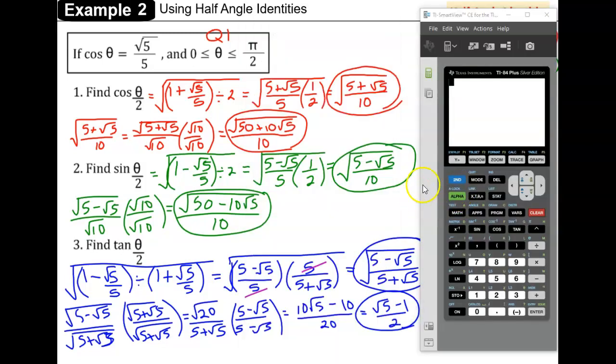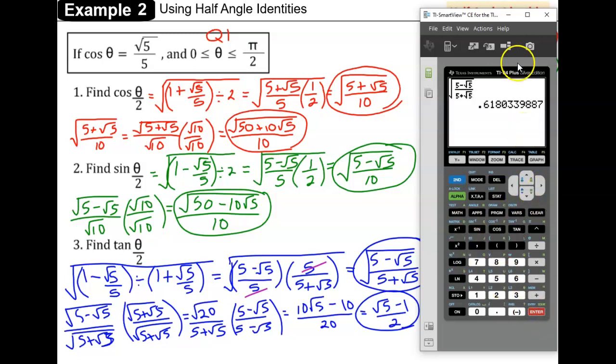And we can check this in the calculator that we rationalize the denominator correctly by entering our first solution, which was the square root of the quantity 5 minus square root of 5 divided by the quantity 5 plus the square root of 5.